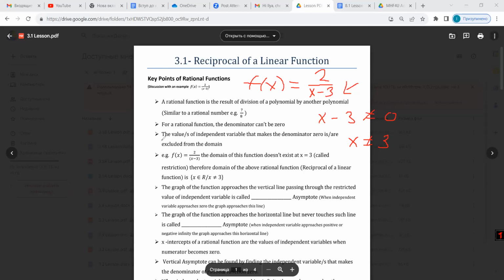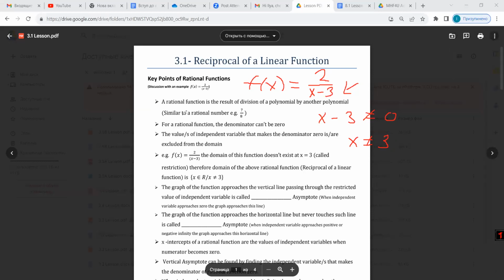Next, the values of the independent variable that make the denominator 0 are excluded from the domain. That's what I just discussed. They are not included in the domain of a function.